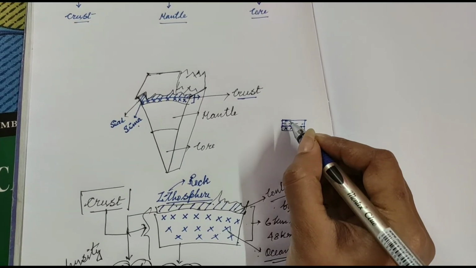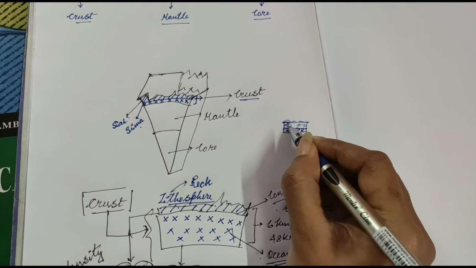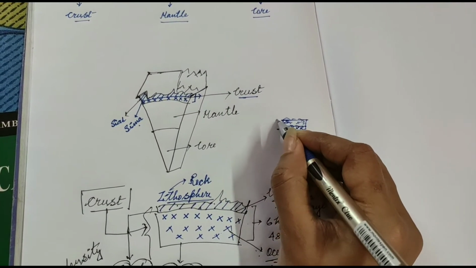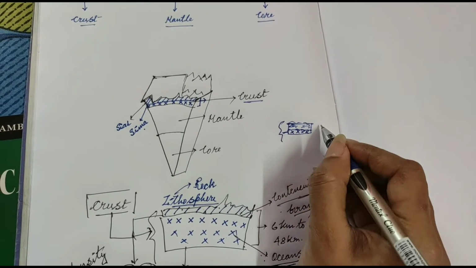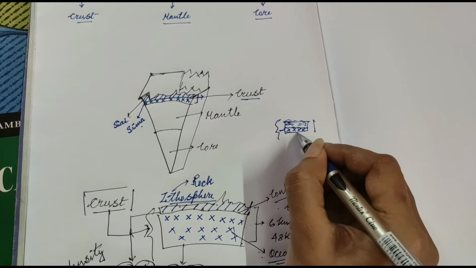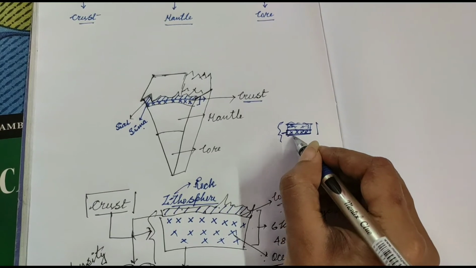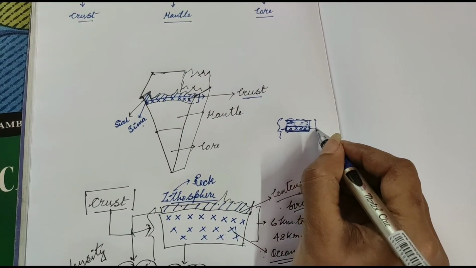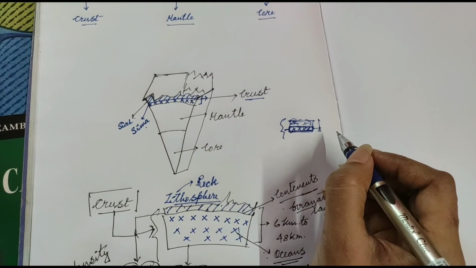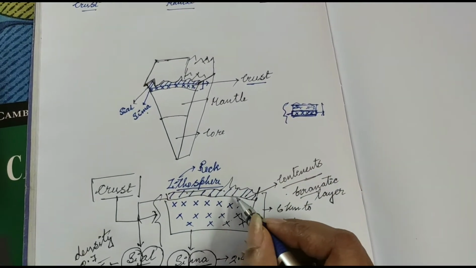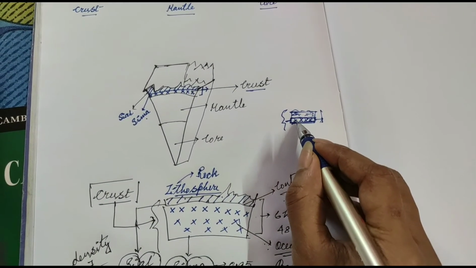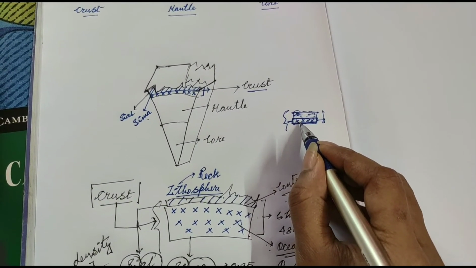Under this sea, this is water, and under this sea, this total thing is the ocean. This is the bed of the ocean. This is called the bed of the ocean. This bed of the ocean is made up with the crust, this part, and this part is thinnest.